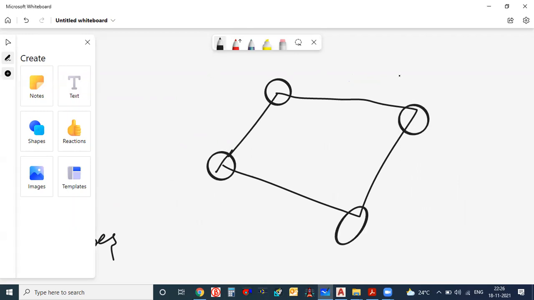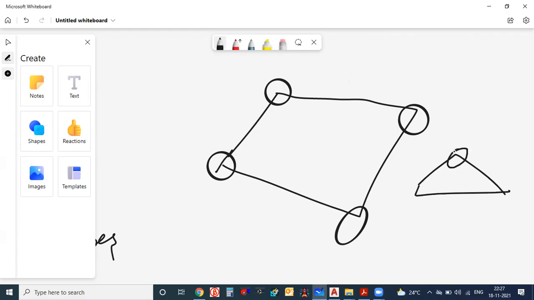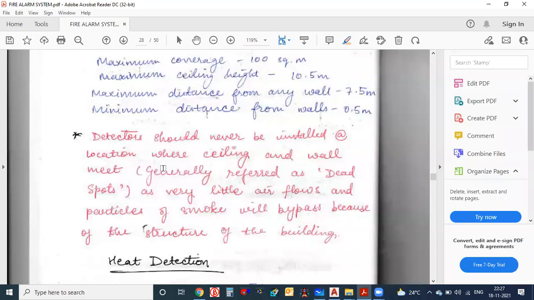Sometimes the rooms will be in a triangular position. Here it will act as a dead spot, so we should not install anywhere near here. This is what it is telling. Very little air flows there, and particles of smoke will bypass because of the structure of the building.